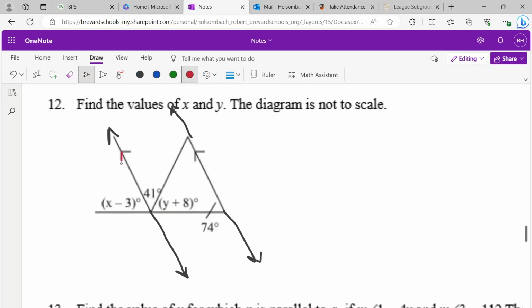And these two lines are parallel. It makes this line a transversal.